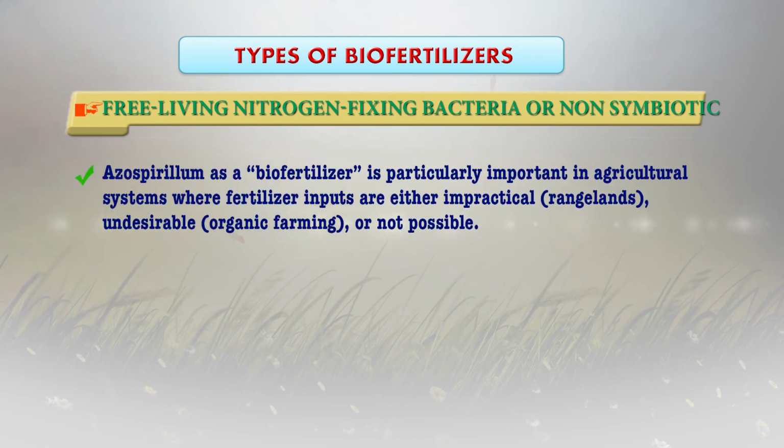We saw Rhizobium in the symbiotic, and here we will see Azospirillum. It is a biofertilizer. It is particularly important in agricultural systems where fertilizer inputs are normally not used, or are impractical, undesirable, or sometimes not possible.